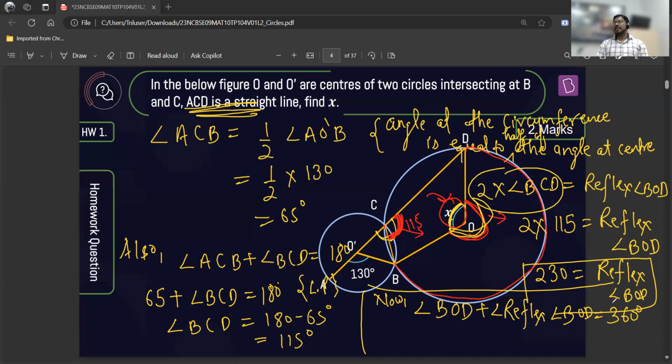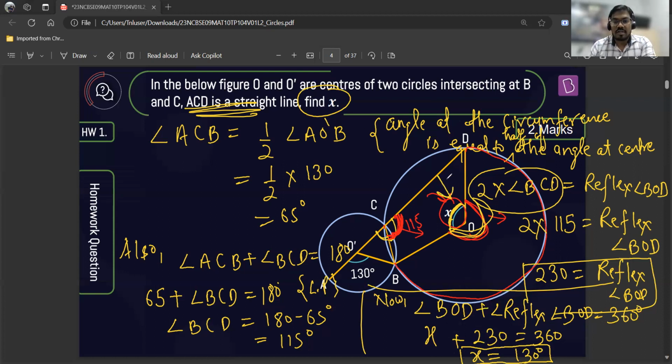Let's say this is X and this is 230, which equals 360. So finally X comes to 130. That means the unknown value asked in the question is 130, nothing else.